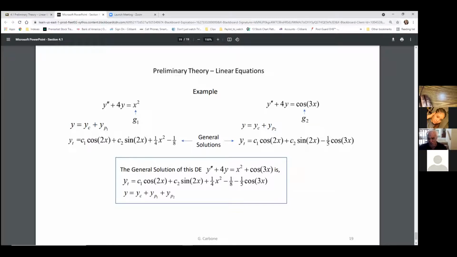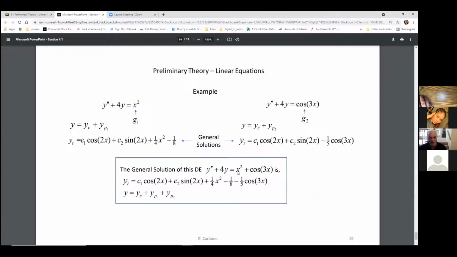So before I go on, are there any questions? Basically, it's telling us that we can add, right? I find a particular solution to this, and I find a particular solution to this.